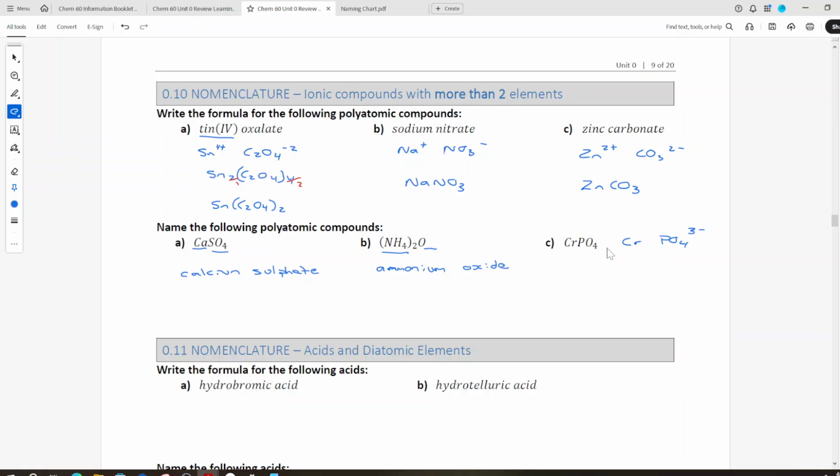And since there are no subscripts, it means they must have canceled out. So it must be chromium 3+. So I'm going to write chromium phosphate. Whoops, sorry, I forgot the Roman numeral. Chromium 3 phosphate.